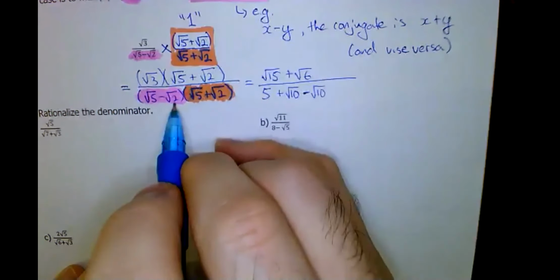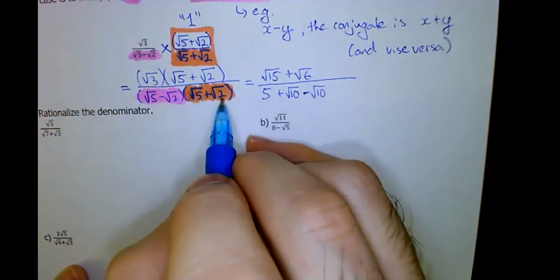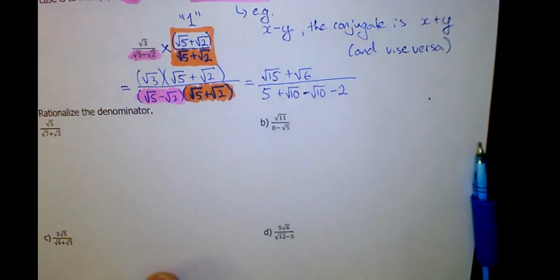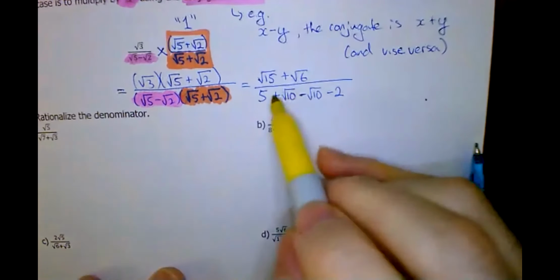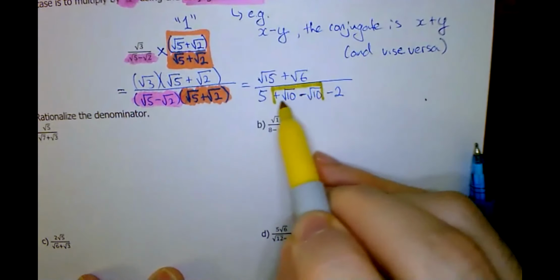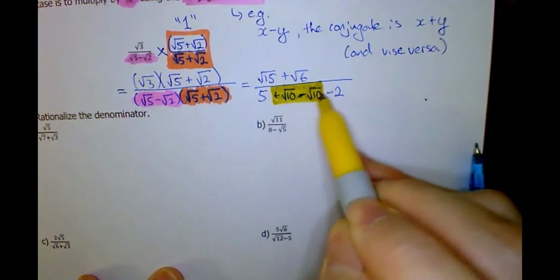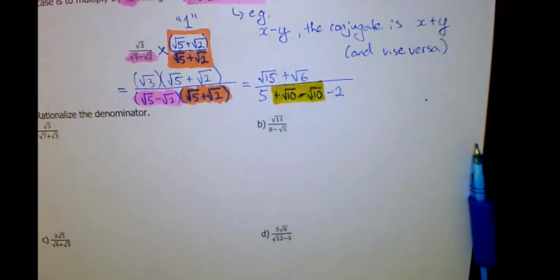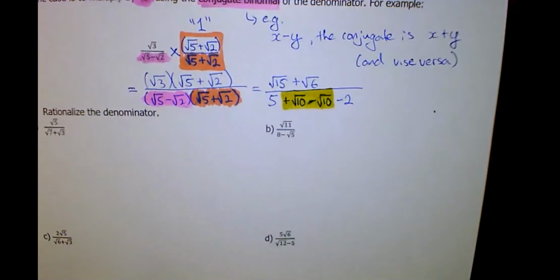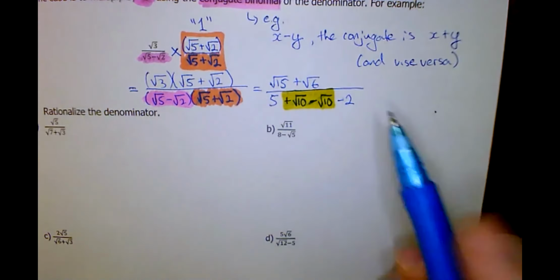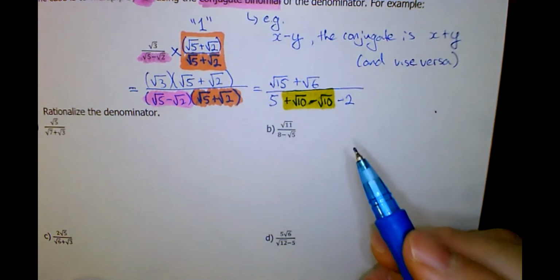And then negative root 2 times root 2 is negative 2. What happened? You got rid of the roots on the bottom. All the roots disappear. Wow, that's terrible grammar. All the roots disappear, not disappears.